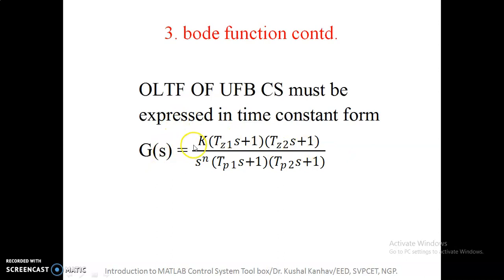So you can write G(s) as K(Tz1 s + 1)(Tz2 s + 1) upon s to the power n (Tp1 s + 1)(Tp2 s + 1). So it is the 1 + sT form, where capital T is the time constant of the particular factor of this function. The upper factors are related to zeros and the lower ones are related to poles. The power of s, that is n, represents the type of the system.